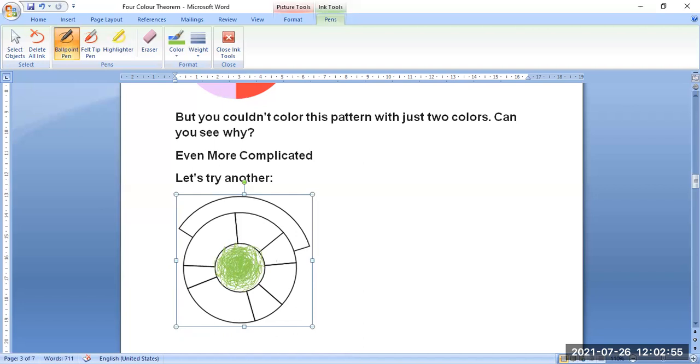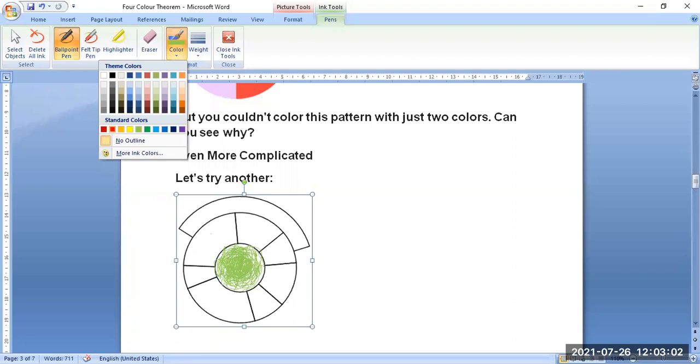Sir, 4. Then 4. Now we are taking the red color.